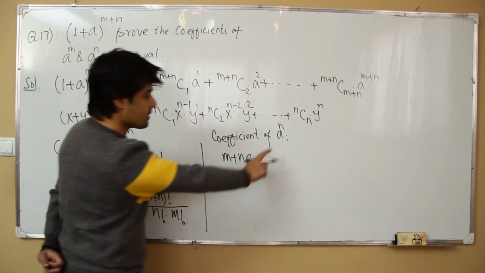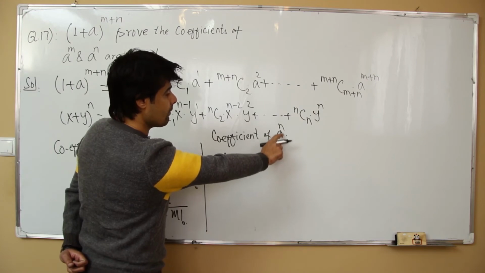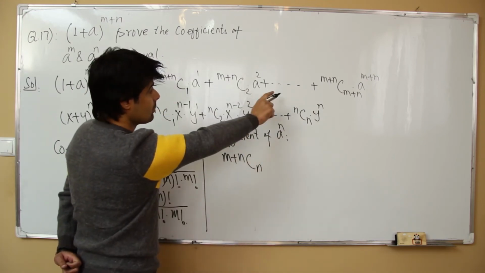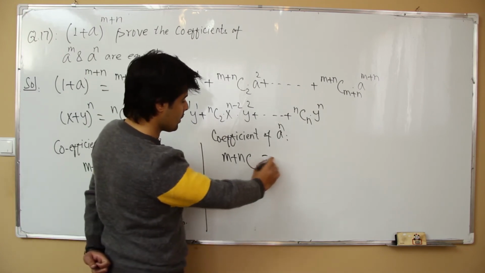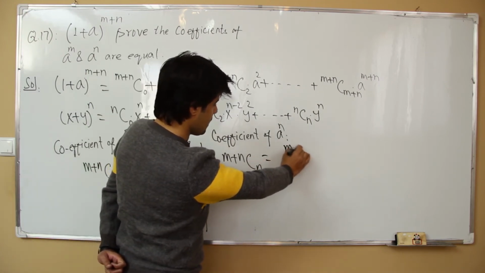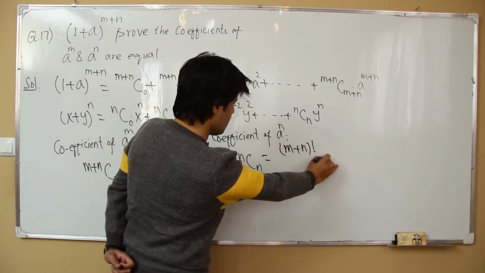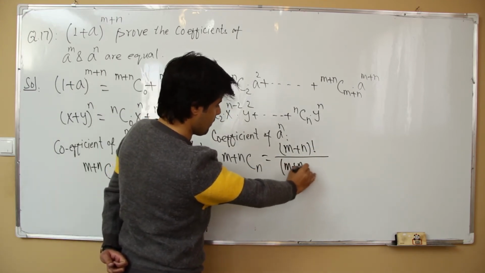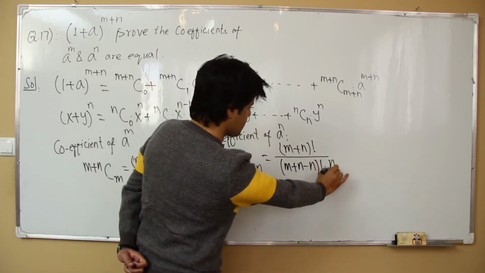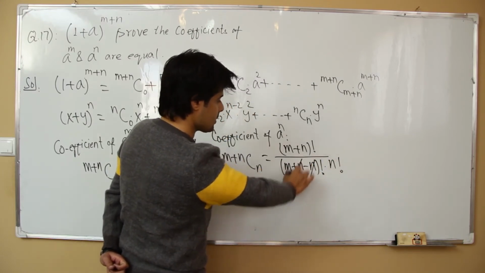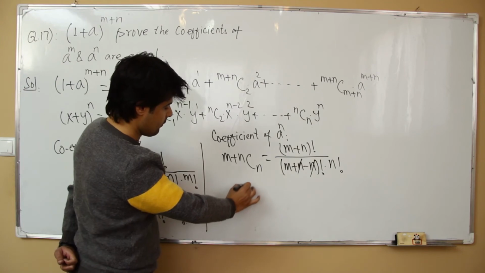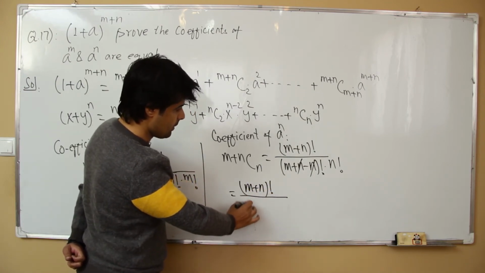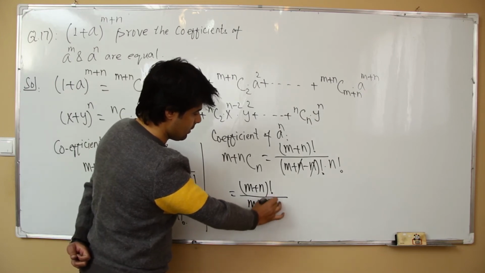If this one is a to the power 12, then m plus n C 12, according to this equation. Now you can simplify this one. It is m plus n factorial divided by (m plus n minus n) factorial times n factorial. You can cancel this, so you will have m plus n factorial divided by m factorial times n factorial.